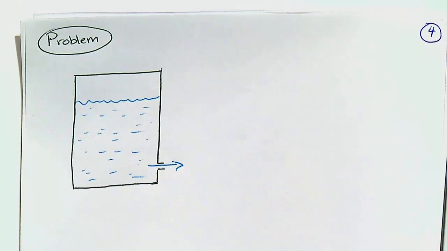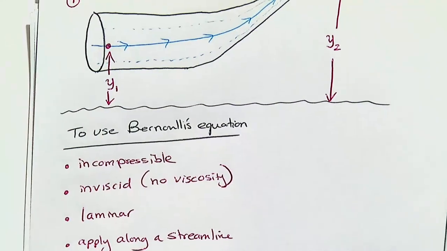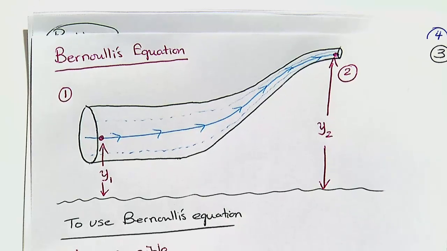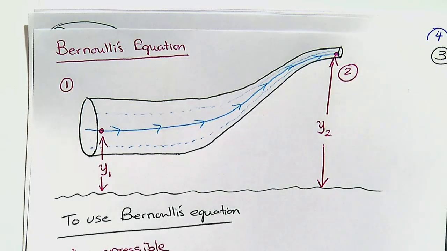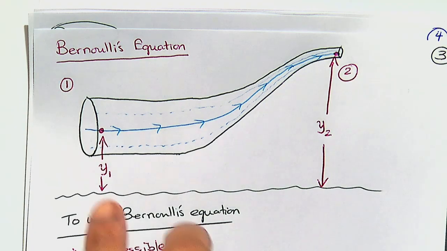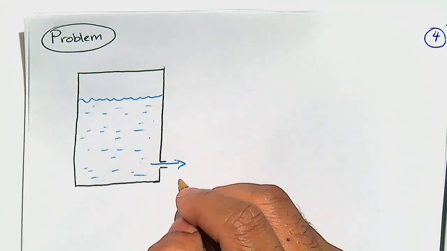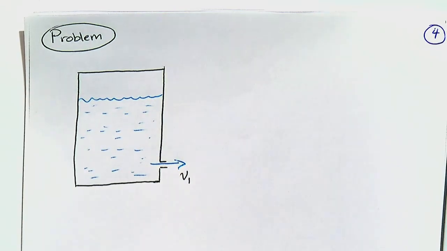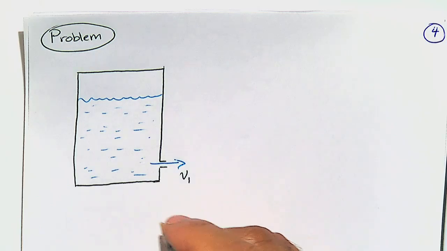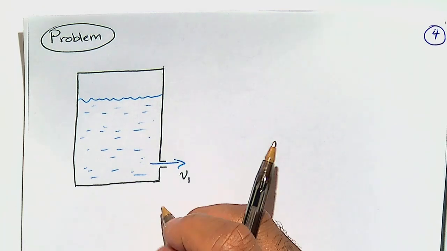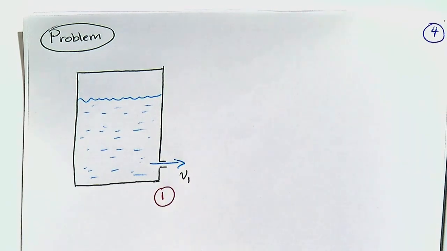This point could be 1 or 2. It doesn't really matter. Your end doesn't have to be 2. Your end can be 1. They're just reference points. So I'm going to treat this as velocity 1. This is our condition, our case 1.